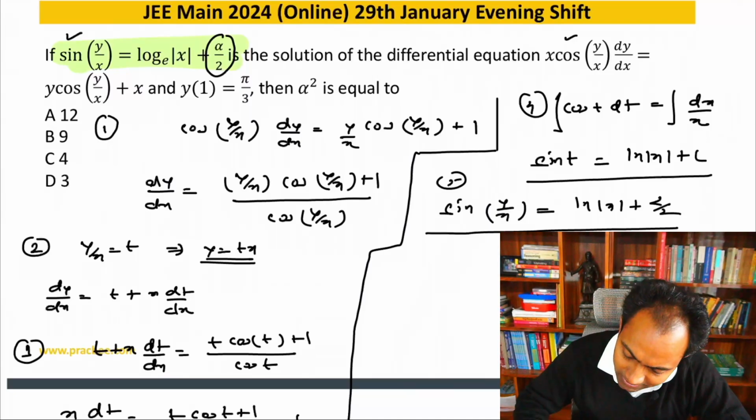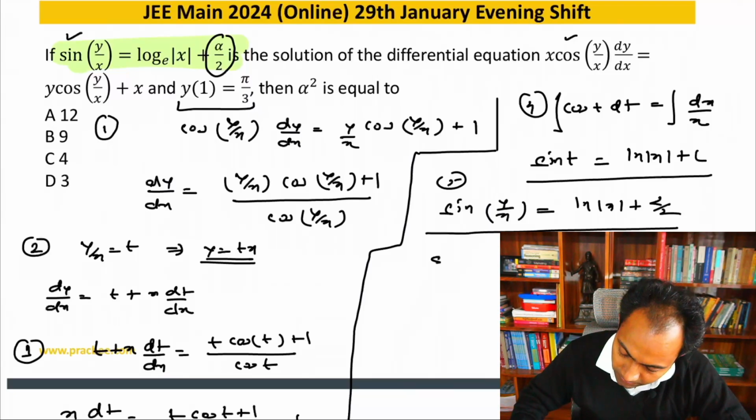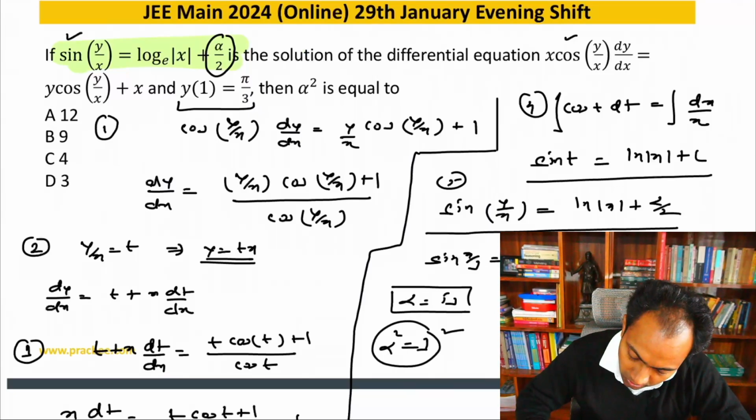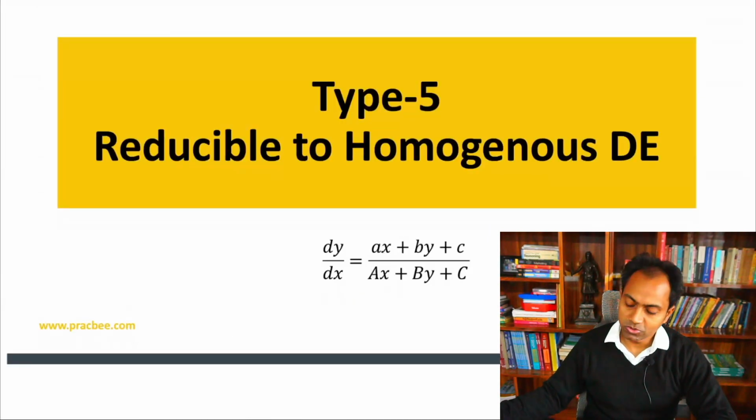Now for finding this, they have given the value of x equal to 1, y becomes pi by 3. So this will become sine of pi by 3, this will become 0 and this will become alpha by 2. So alpha is nothing but equal to root 3. Alpha square will become 3. So D option matches.